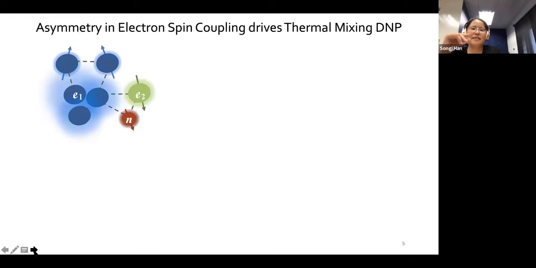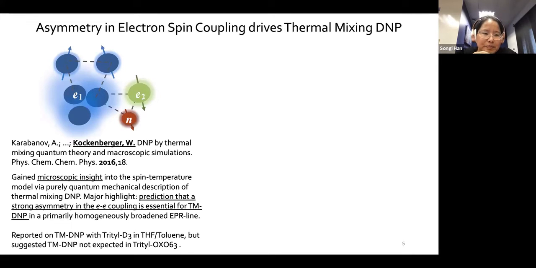Now, that's not enough. As I was showing with this cartoon again and again, we need an asymmetry in the electron spin coupling to drive thermal mixing DNP. And I want to point out, because we really like this paper, when we looked through the literature, we found this nice paper that we hadn't seen before from Walter Kockenberger from 2016, PCCP.